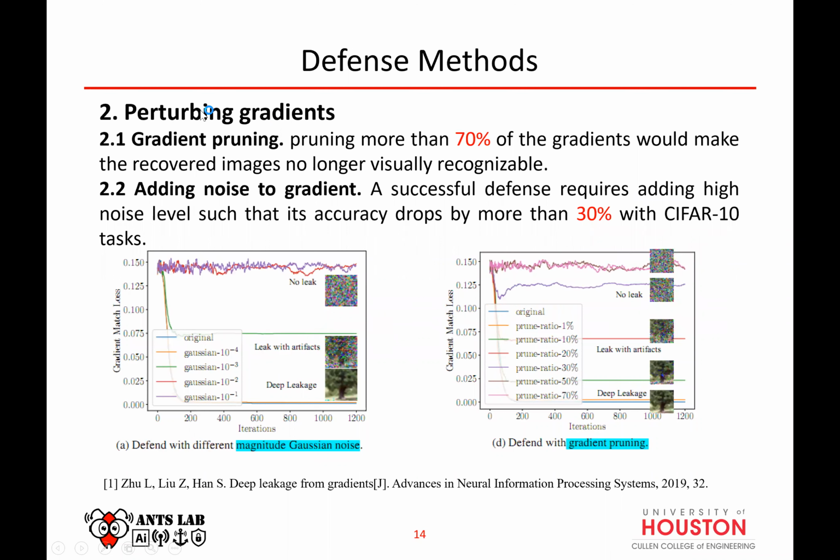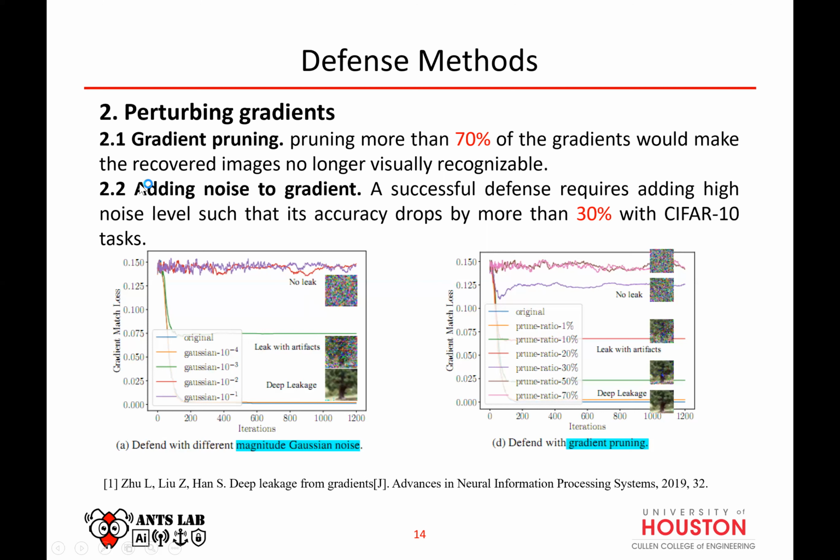The second defense method is perturbing the gradients, for example gradient pruning. In the first paper, they did some experiments to evaluate the gradient pruning method. We can see that pruning more than 70% of the gradients makes the recovered image no longer visually recognizable.